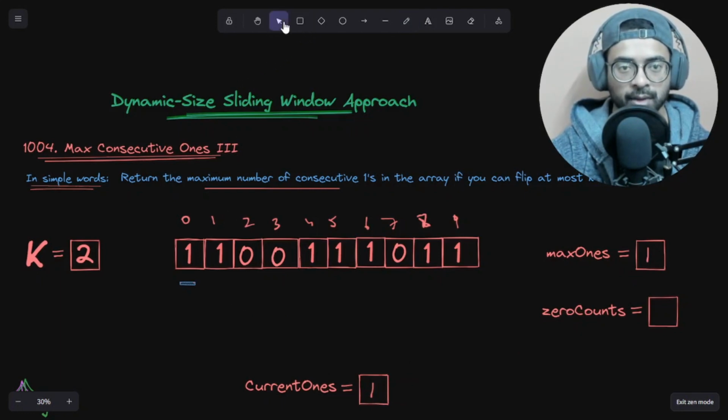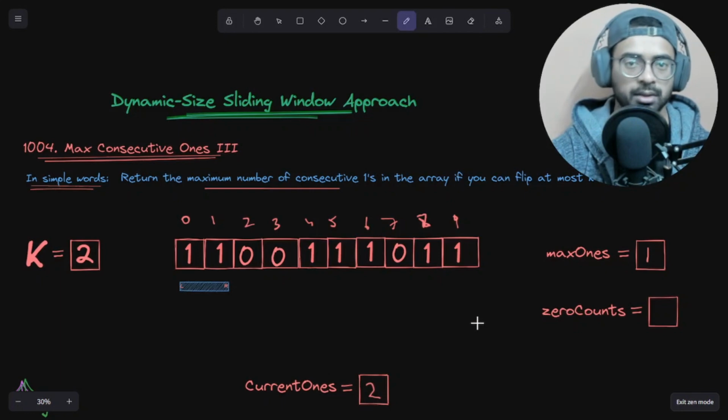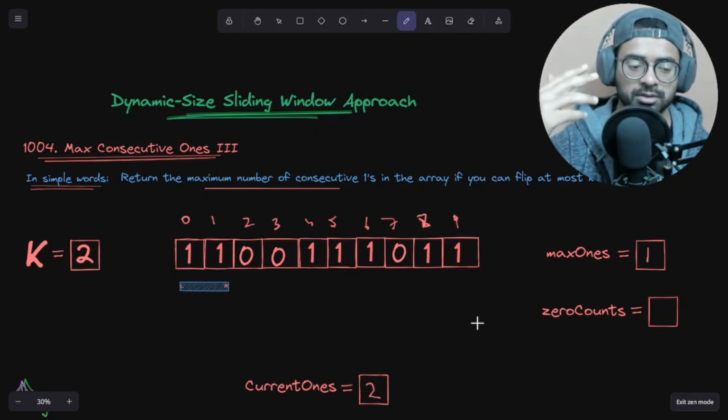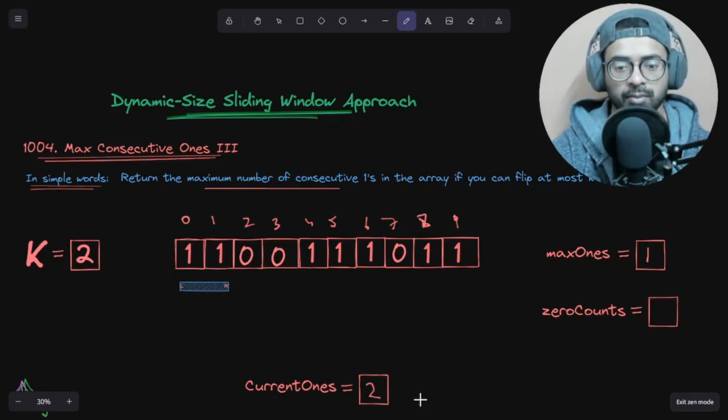Then we are simply going to expand our window. Now our window is covering up to the first index, and here we have also found 1. So right now we are updating, so make it 2. I'm not directly changing it, just to give the intuition that it will be compared with each iteration.